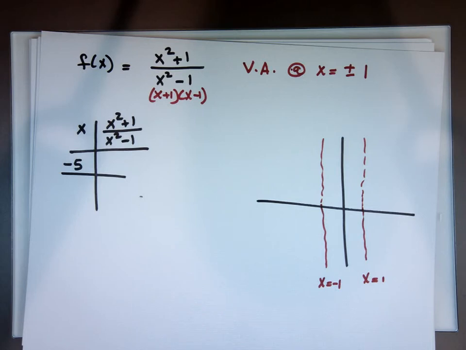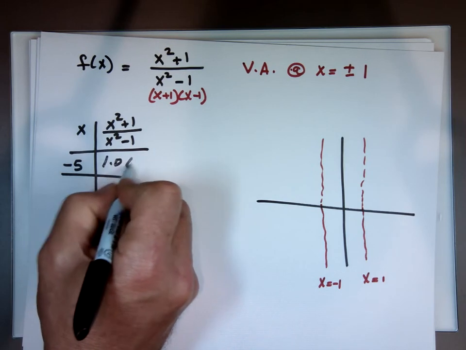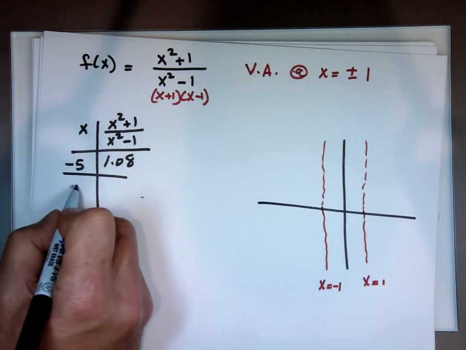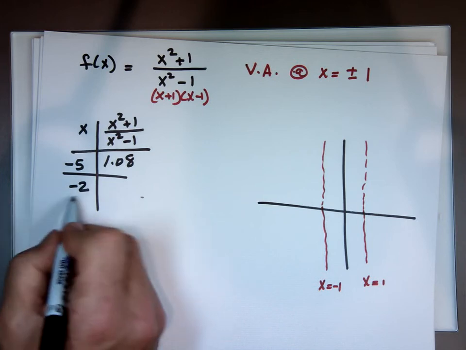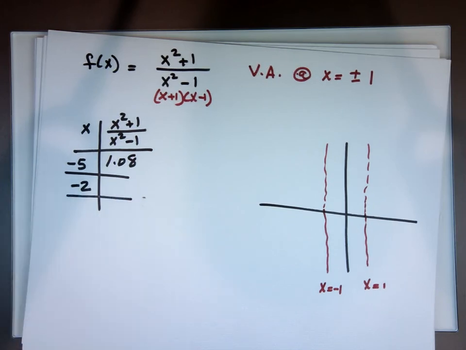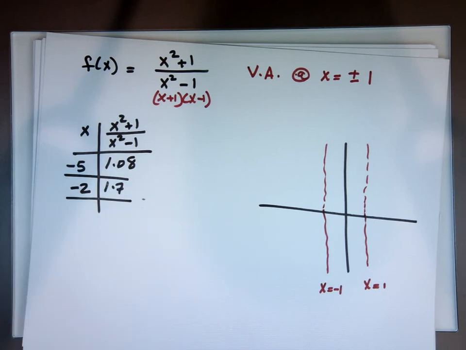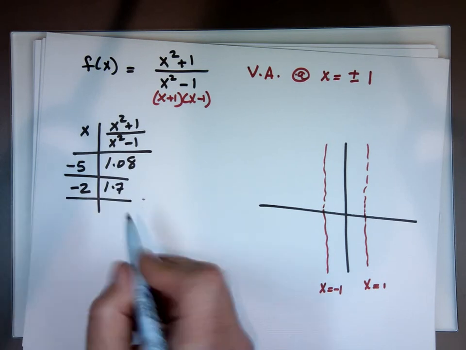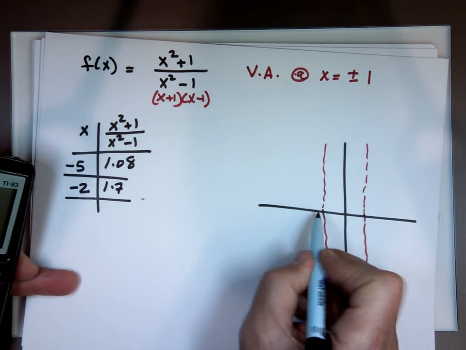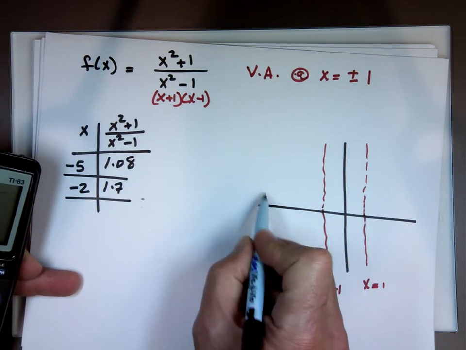Yep. 1.08 you got? If I try a -2, close to the -1. 1.7 roughly? 1.6667. So this one here is going to be roughly 1.1 right here.